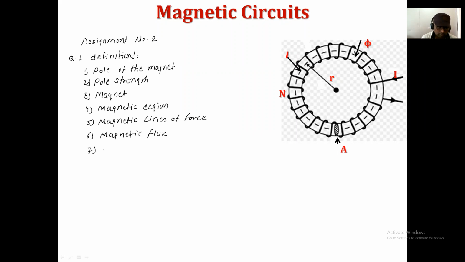Number 7, magnetic flux density. Number 8, magnetic field strength. आता याच magnetic flux density लाच काय म्हणतो आपण?